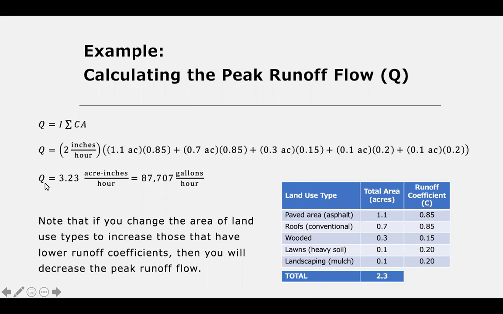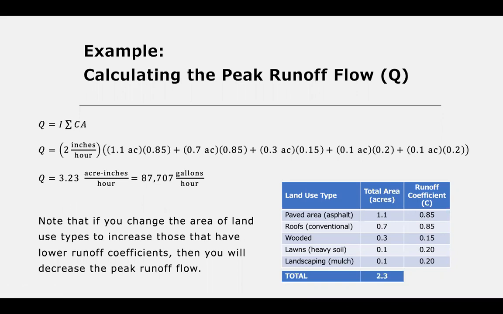And this equals a total of 3.23 acre inches per hour, which we can convert acre inches into the more common units of gallons to find 87,707 gallons per hour.